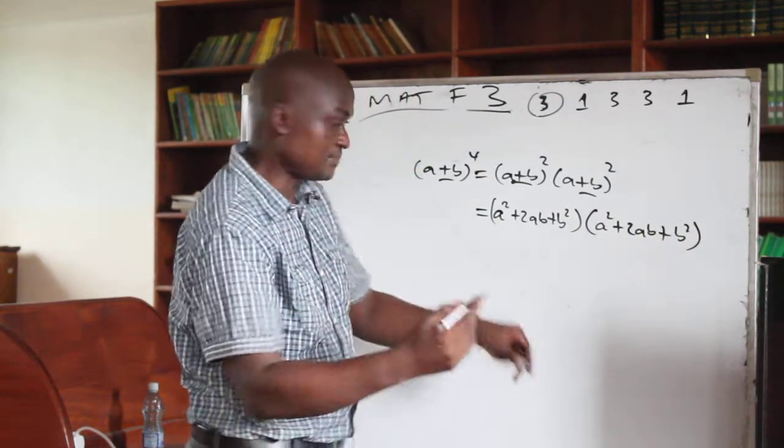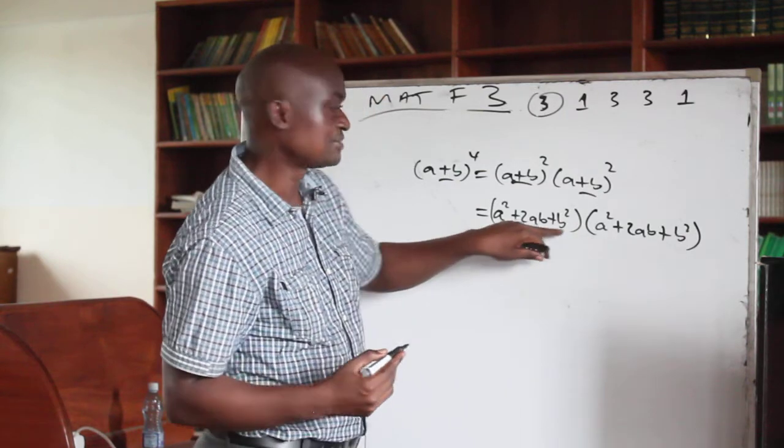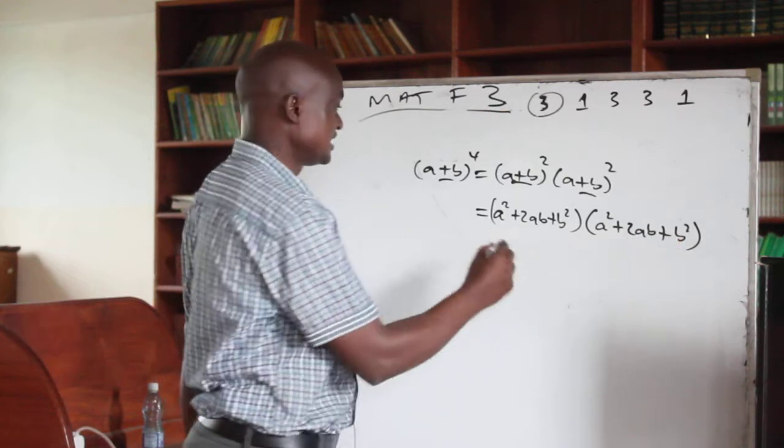And then now we multiply this by the whole of that, this by the whole of that, this by the whole of that. What are you going to get?